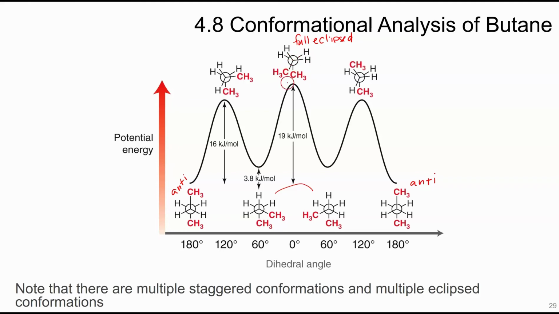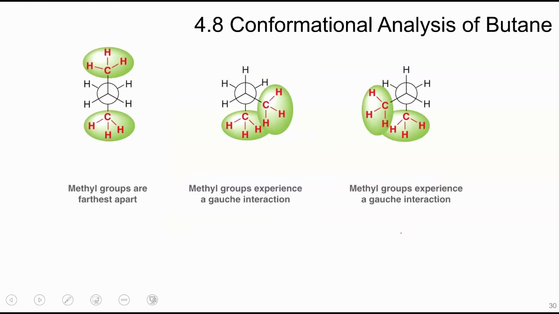And notice the full eclipsed has the highest energy, and the anti-staggered ones have the lowest energy. When the methyl groups are farthest apart, like you saw, that is the anti. When the methyl groups are off to the side, this is gauche. And then this one is also a gauche interaction. This one has the least steric hindrance.